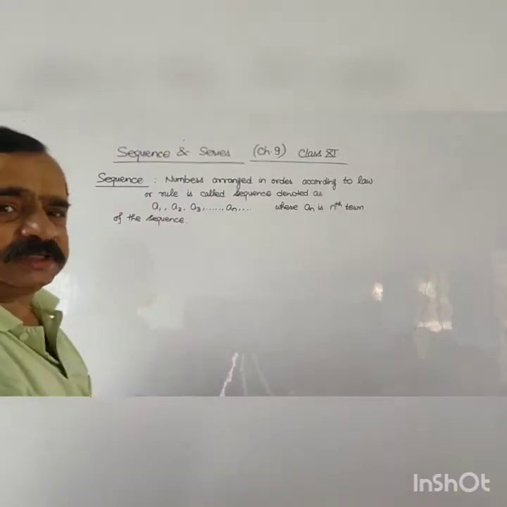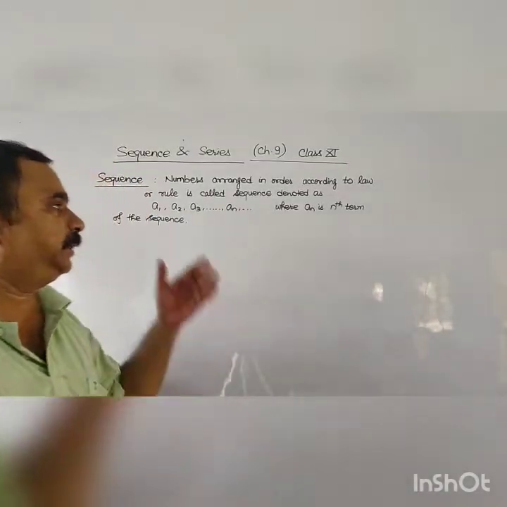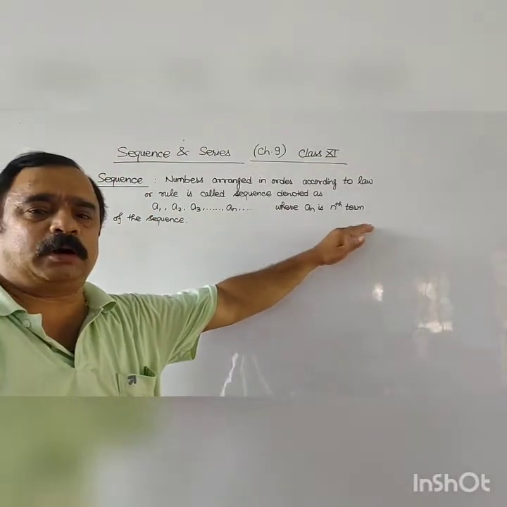So A1 is first term, A2 is second term, A3 is third term. इसी तरह से ये AN क्या है? nth term of the sequence कहलाता है.